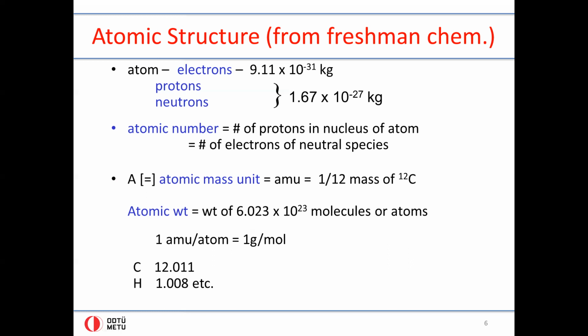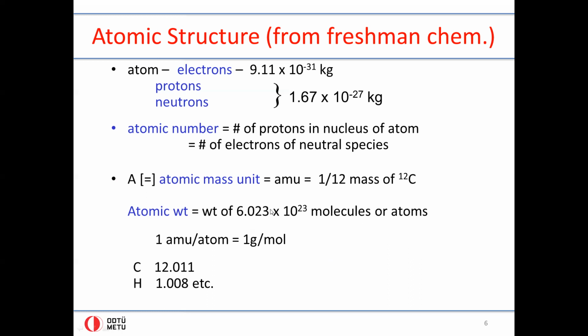Hence, one atomic mass unit in one atom is equal to 1 gram per mole. Hence, the atomic weight is the mass of a certain number of atoms or molecules.